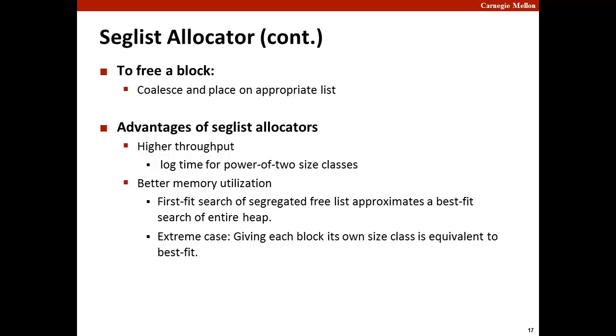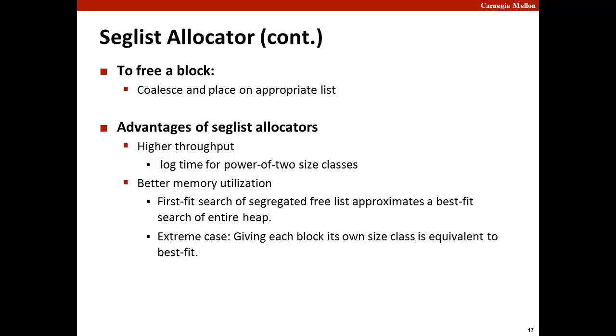So the thing about a segregated list is it lets us be fast without the need to sort, sort of like first fit, but gives us size classes that make sure we're not doing something silly, sort of like best fit. We're in a size class that's reasonable, having had to make very few decisions.